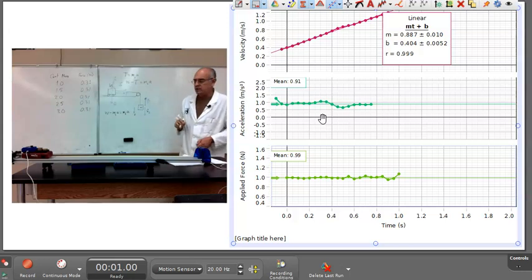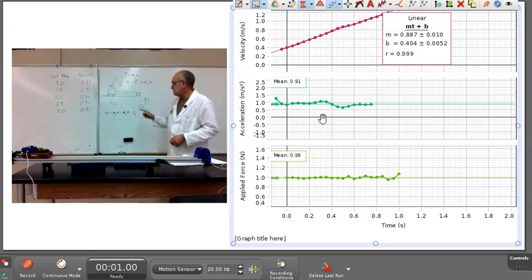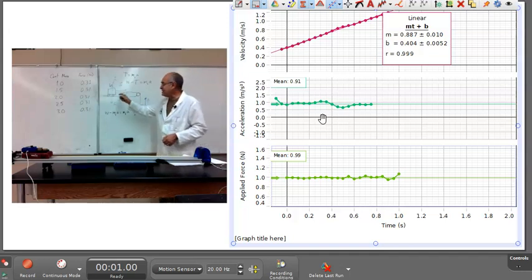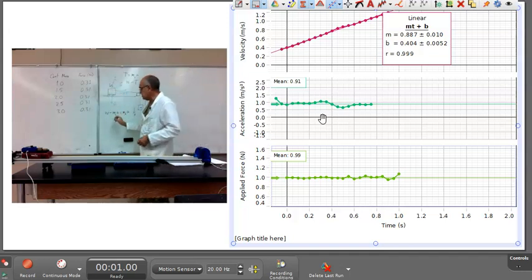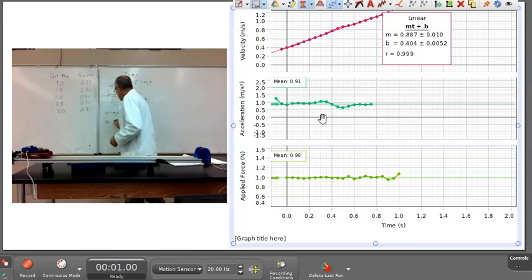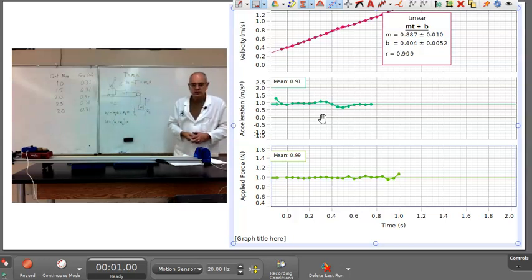And here's the fundamental thing. What's causing the mass to accelerate? It's this weight. But the weight is not just accelerating the cart. The weight has to accelerate both mass 1 and mass 2. And that's the big difference right there.